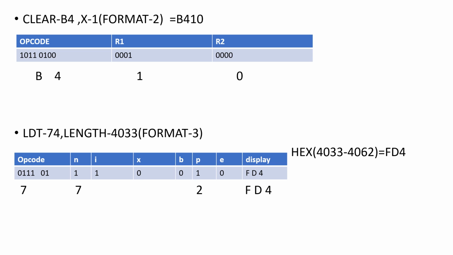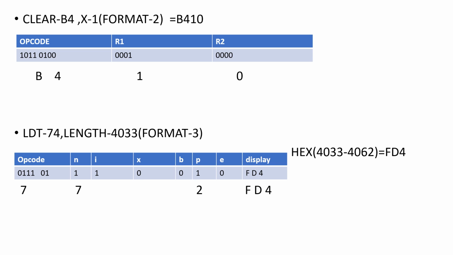Here the program counter register is set to 1, because the value of displacement can be written in only 12 bits. The LENGTH value is 4033, which is of type 20 bits, so we can't fit the 4033 value into the displacement. So we need to take the hexadecimal value of LENGTH, that is 4033, and subtract it from the next address, that is 4062.